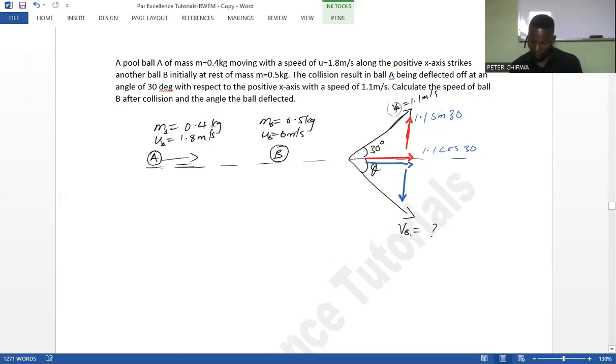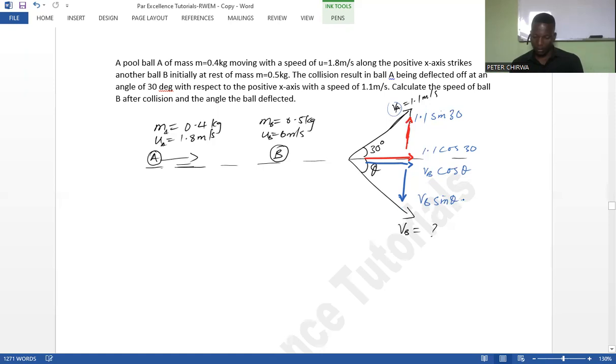Now we come to ball B. We are going to have VB cos theta in x, which we don't know, and in y we are going to have VB sine theta.